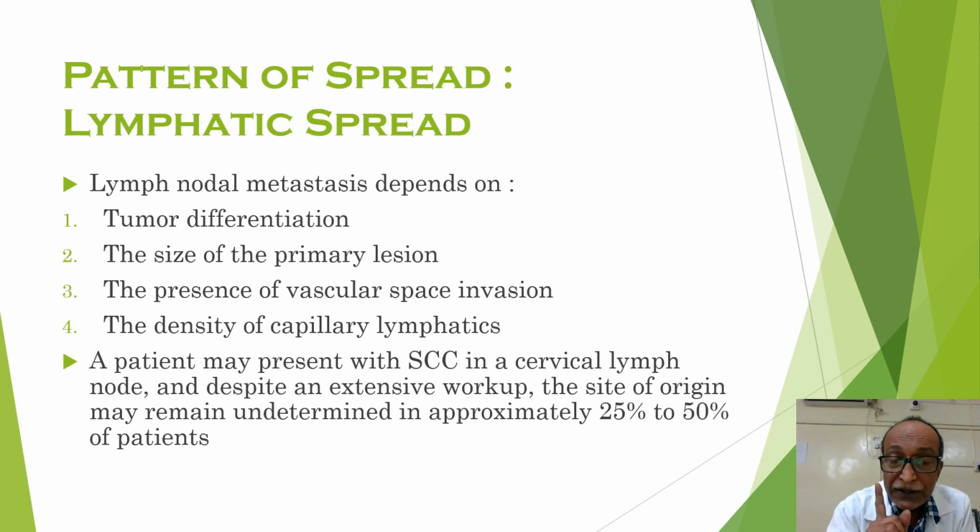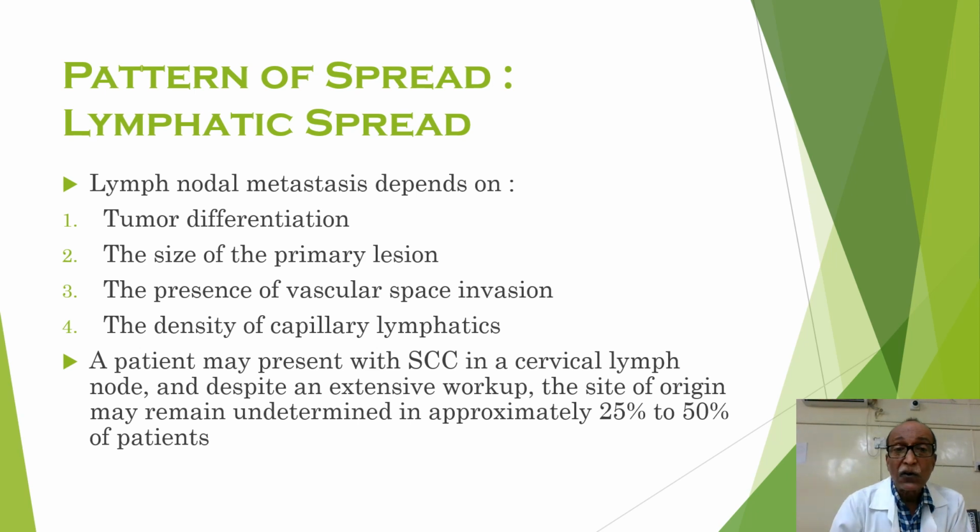Tumor differentiation is one factor which decides whether lymph nodes will be involved or not. The primary size of the tumor: 2 centimeters or less, 2 to 4, more than 4. The more the size, the more the chances of involvement of the lymph nodes. Then presence of vascular space invasion. What is this vascular space? In the cancerous tissue, apart from the cancerous parenchyma, I have supportive tissue, which includes capillaries and lymphatic spaces.